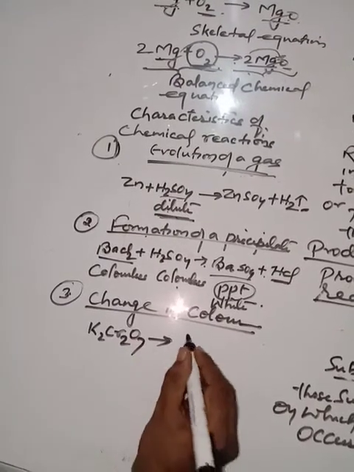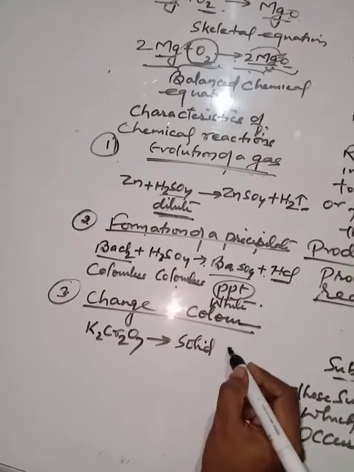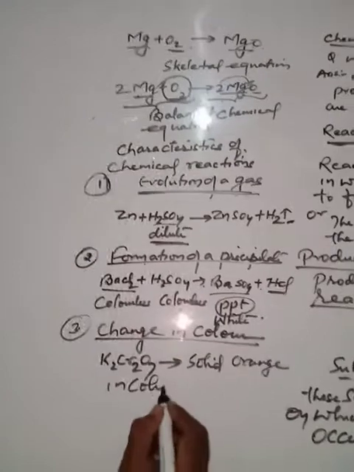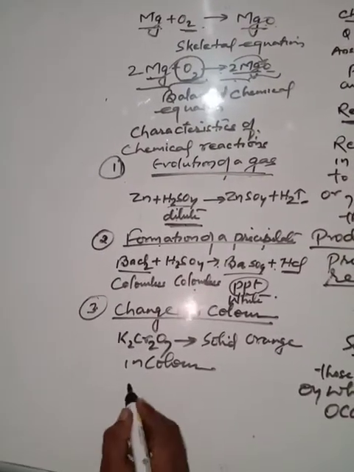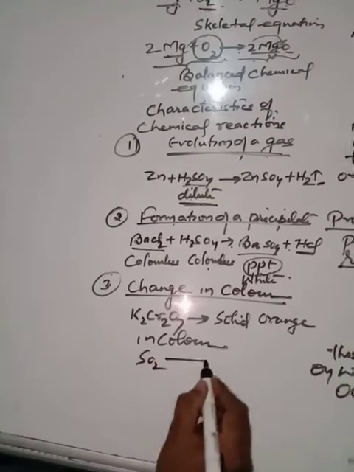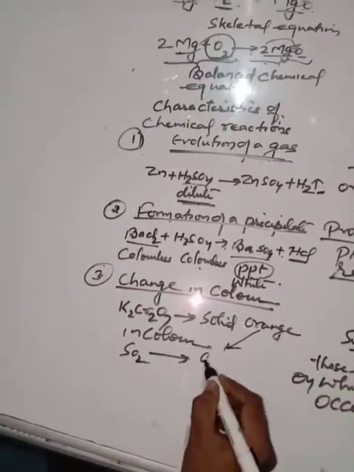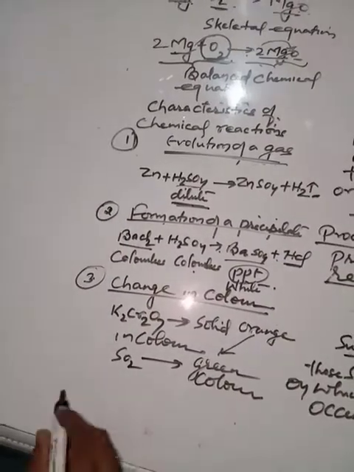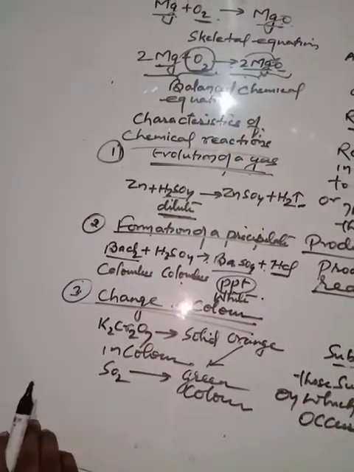It is a solid, just like salt, which is orange in color. We make a solution of it, and if SO2 gas is passed through it, the color changes from orange to green. So change in color also marks the characteristics of chemical reactions.